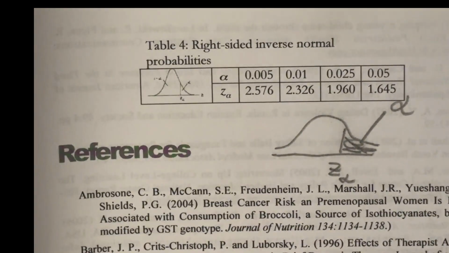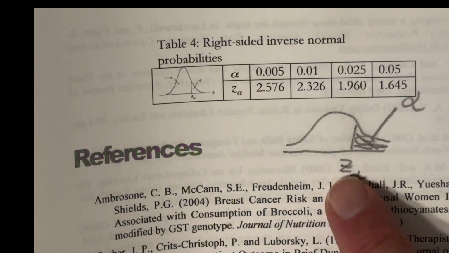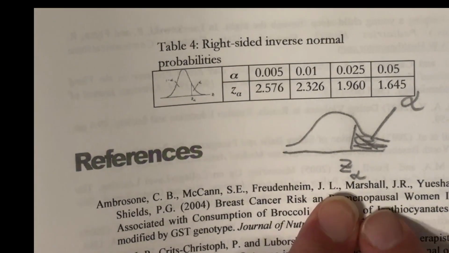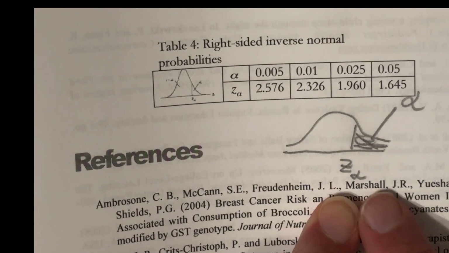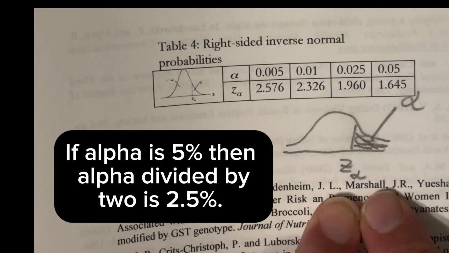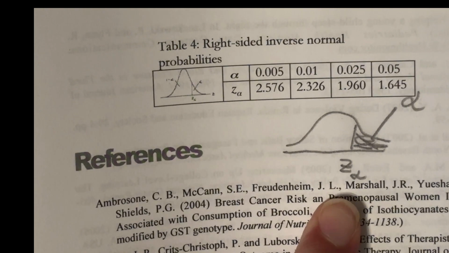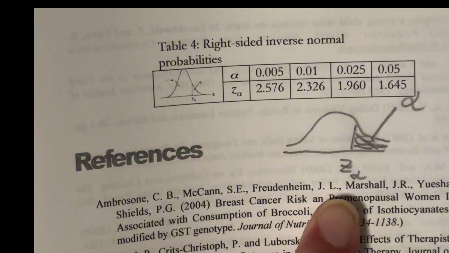Right? And z sub alpha, this is z sub alpha, but we want z sub alpha over 2. And so if alpha is equal to 5%, then alpha divided by 2 is 2.5%. So that means we're going to have to look up 2.5% in our table.